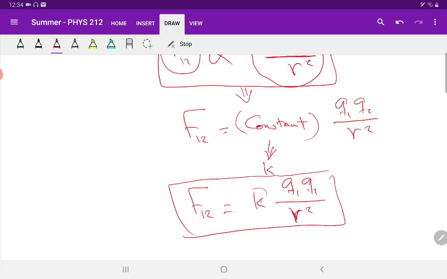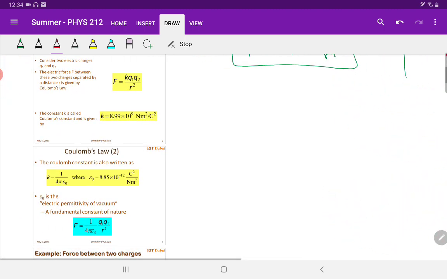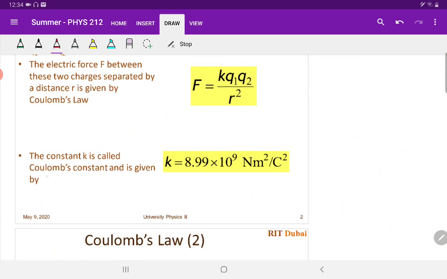Now, K here is the constant, and by the way, it depends on the units that we are using. We call it the Coulomb constant, and it equals 8.99 times 10 to the power 9. This is a number you don't have to memorize; it will always be in your cheat sheet. It's 8.99 times 10 to the power 9 Newton meter square per Coulomb square.